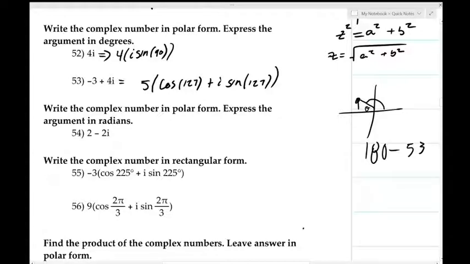And that will be our equivalent expression in polar form.